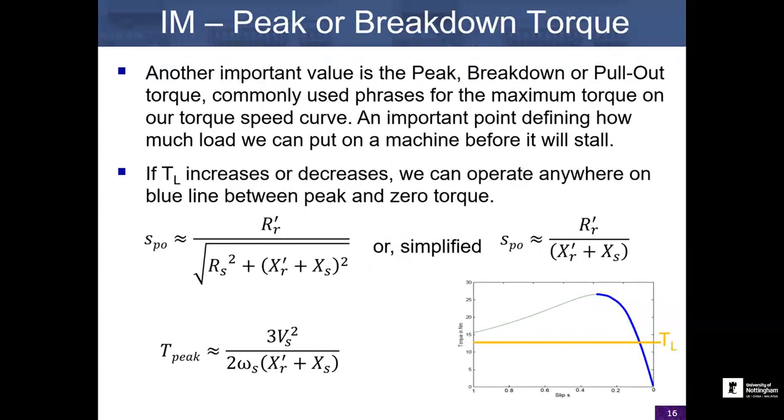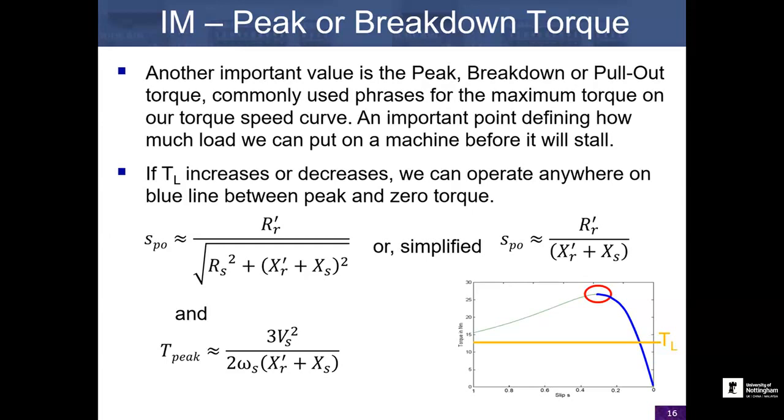We also talked a bit about variations of load and how another useful thing about induction machines is they can be quite responsive to variations in load torque. So if we look at how this machine behaves, if we're operating at this point here, if our load torque increases, our machine might slow down a bit, but as long as it doesn't hit that peak of the torque speed curve, it can still provide the torque.